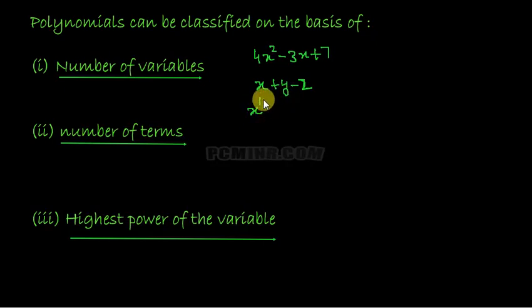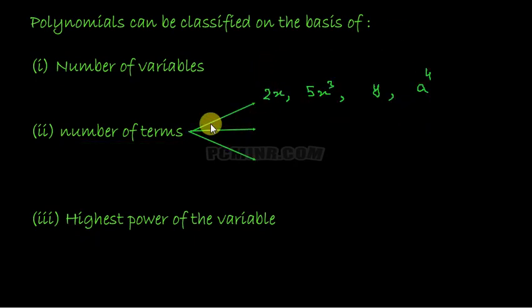I have say x raised to the power 10 plus y cube plus z raised to power 20 minus 7. So here you can see there are three variables x, y and z. Therefore, this polynomial is a polynomial with three variables. So this is one variable, two variables and three variables.